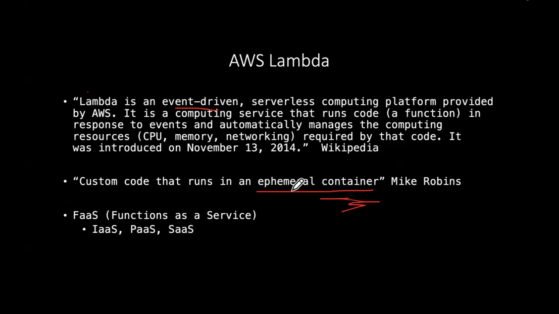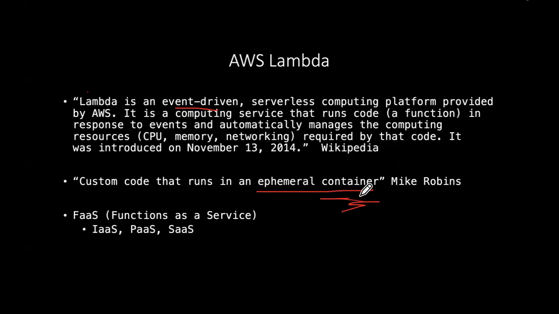By ephemeral, we mean that the container instance is created, our Lambda function code is loaded into that container, the code is executed, our functionality is executed, and then the container is just trashed. It's thrown away.